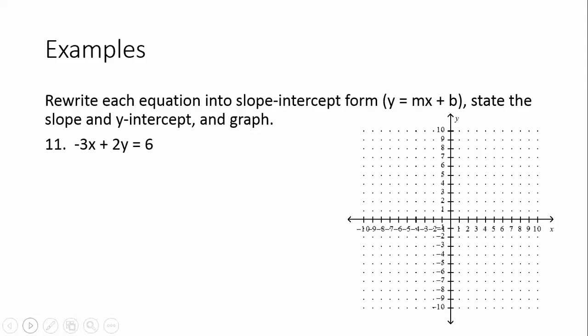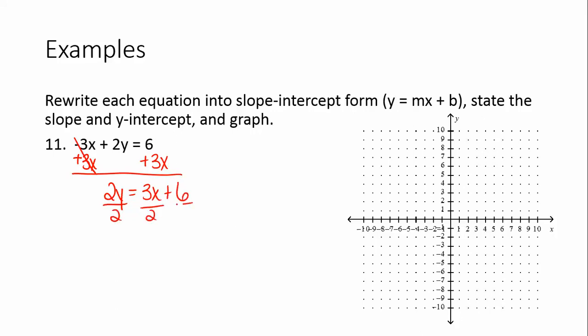So one final example here, rewrite in slope-intercept form. We want to get y by itself. So first we're going to add 3x to both sides. That's going to give us 2y equals 3x plus 6. We want to divide everything by 2. This one's a little different because what you're going to notice right away is that 3 is not divisible by 2, but remember with slope, we actually want to leave it in a fraction.